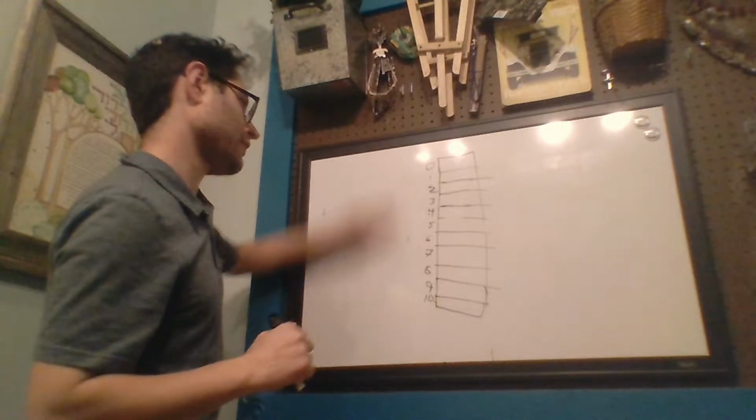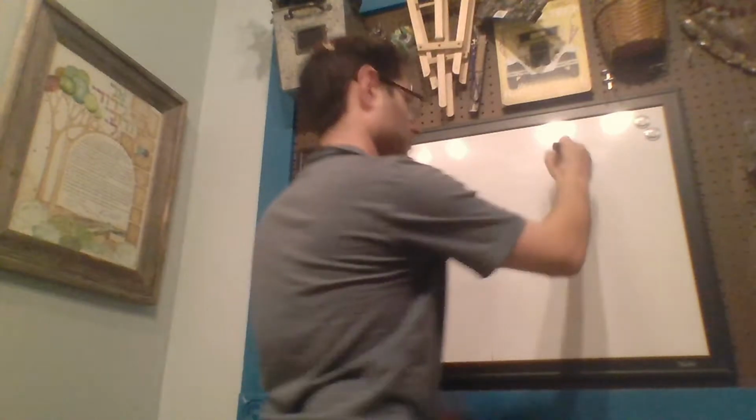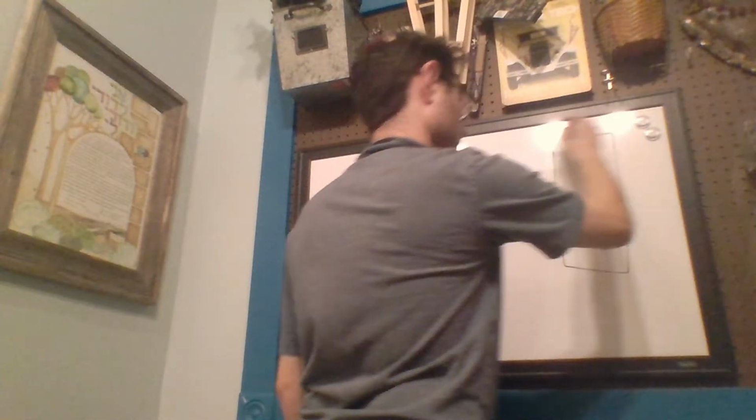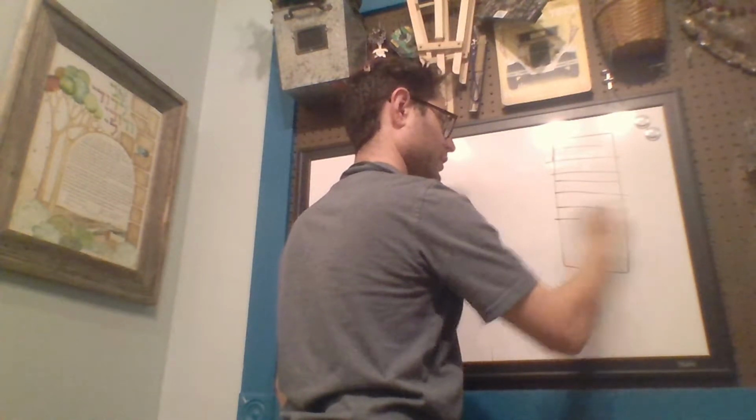So how does this contraption work? And I'll put my array over here on the right so I can use more of my whiteboard. 0, 1, 2, 3, 4, 5, 6, 7, 8, 9, 10.